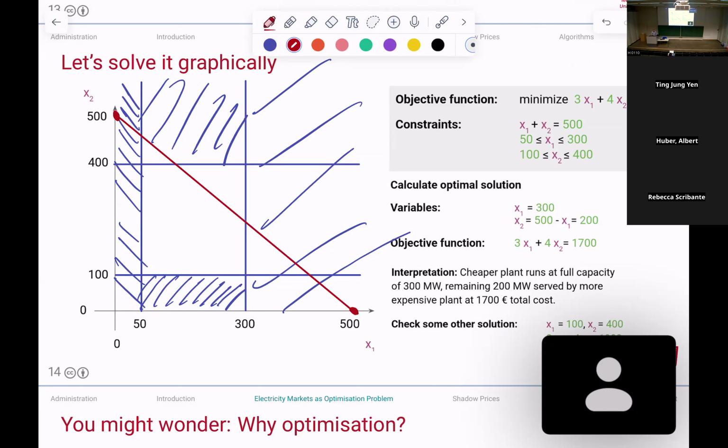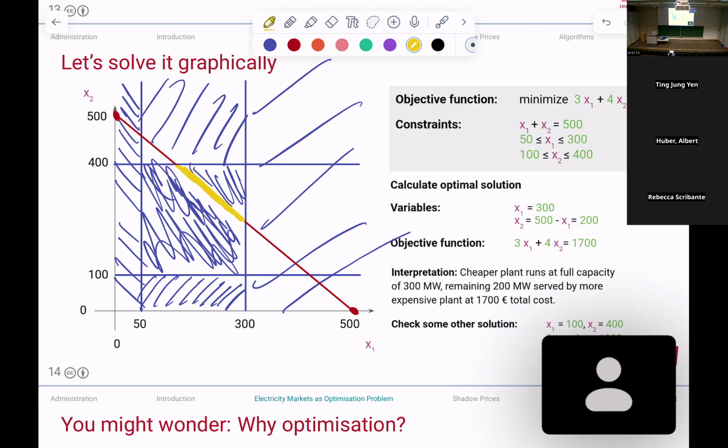And by that, we actually exclude also these combinations here because they in total do not add up to 500. So actually, the only solutions that are feasible are on this line.